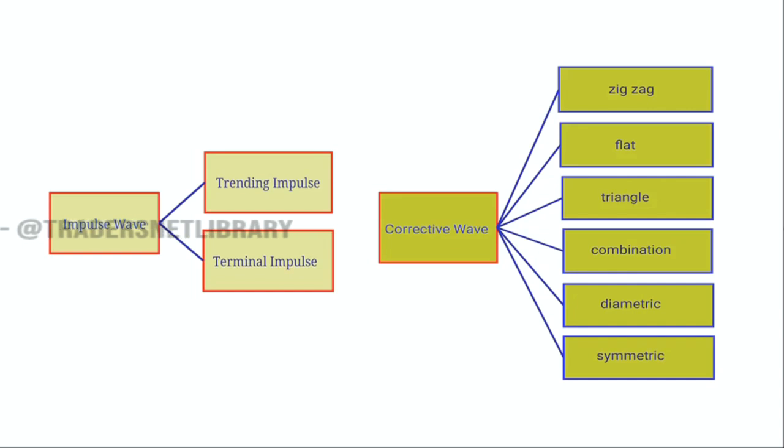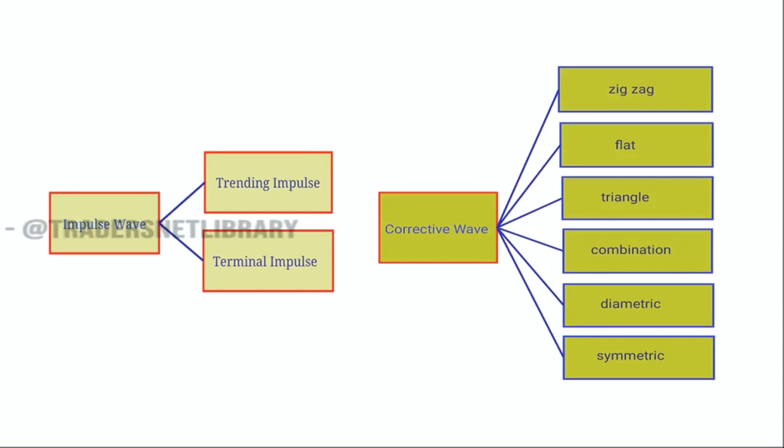In general, when the rules for impulse waves of the trending and terminal type are not present on the chart at the time of labeling Elliott waves, we consider the examined rally as a correction wave by default.